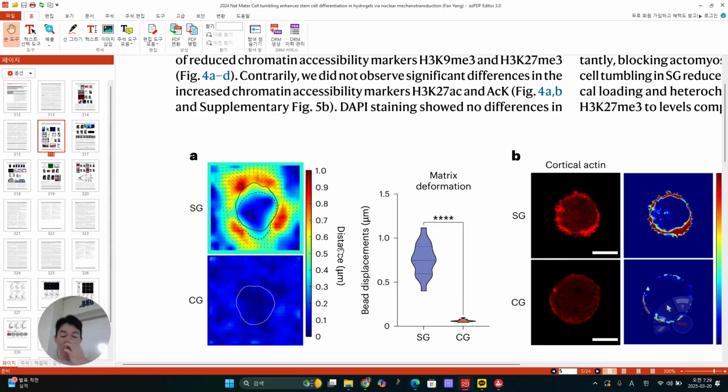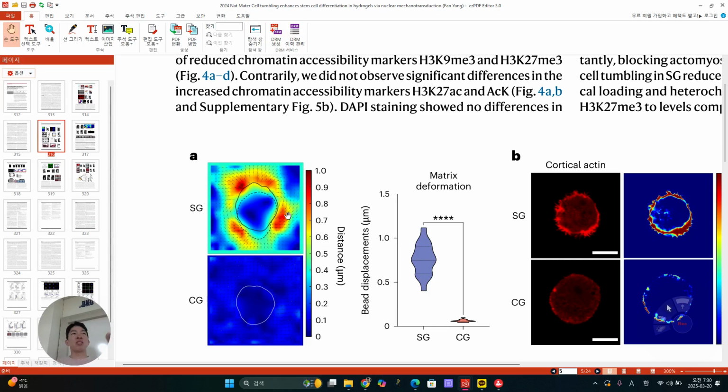So, for example, how we did this kind of study is that you put fluorescent beads inside the gel, you encapsulate the cell together, and then you capture images 1 hour later. Then you add blebbistatin to remove the actomyosin contractility, and then the beads relax and move, because previously, without blebbistatin, the actomyosin inhibitor, the cell pulled and pushed the ECM, right?